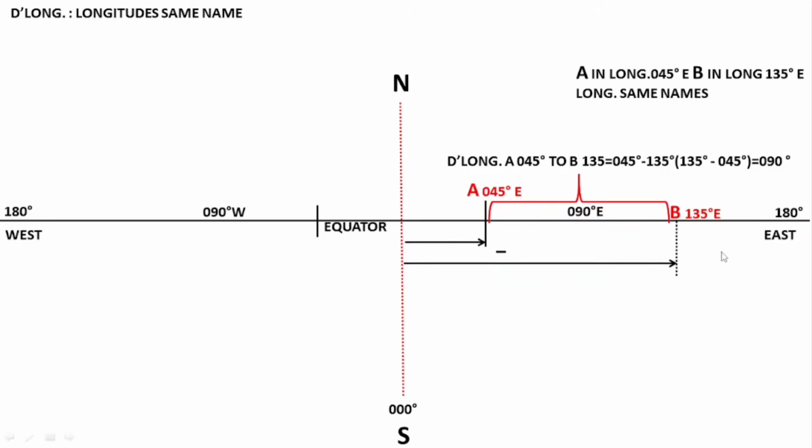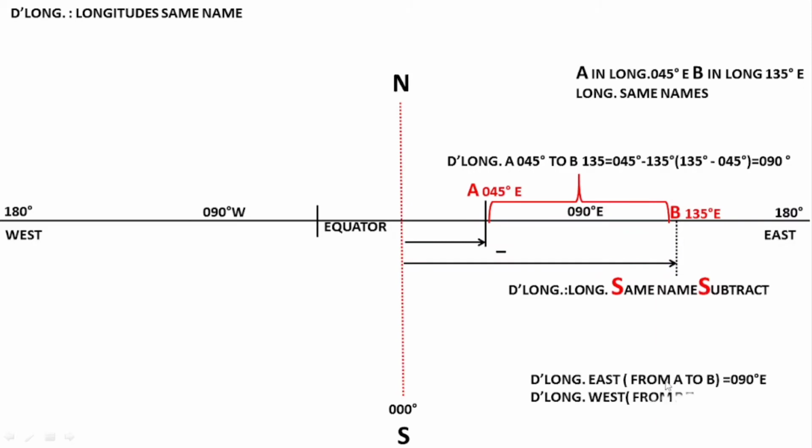And you can see that I have put a minus sign here. So, same names, as we said, subtract 90. And which way you have to name it, east or west, will depend upon from where to where you are going. If you are going from A to B, you are going towards east. From B to A, you are going towards west. This is important for you to remember.